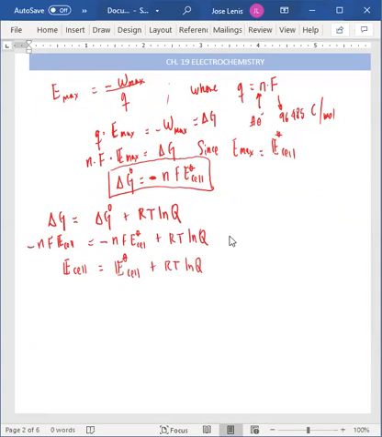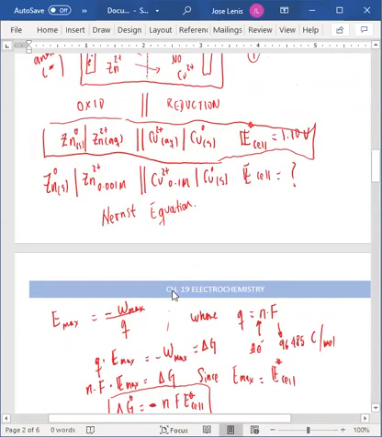So what is Q? Q, as you remember, is the reaction quotient. We learned it in the equilibrium chapter. For our system, what is Q?